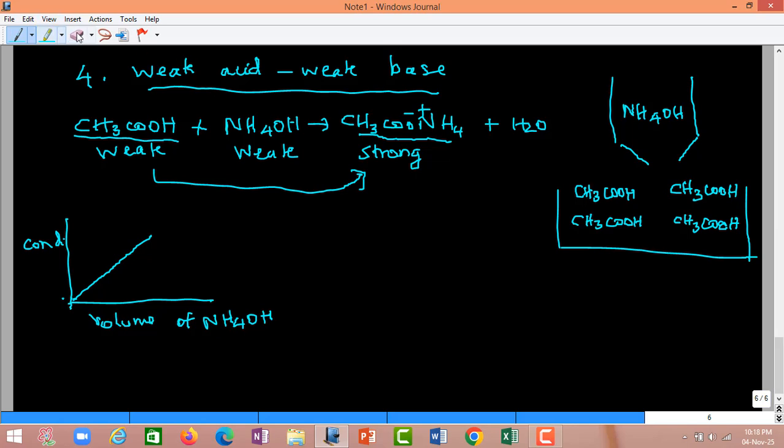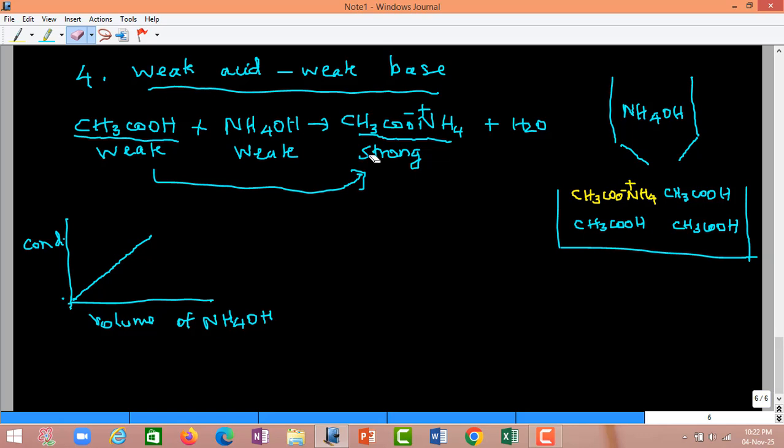Now we will show this like this. When you add the first molecule of ammonium hydroxide to acetic acid, it is converted to ammonium acetate, which is a strong electrolyte. Number of ions increases and conductance increases.